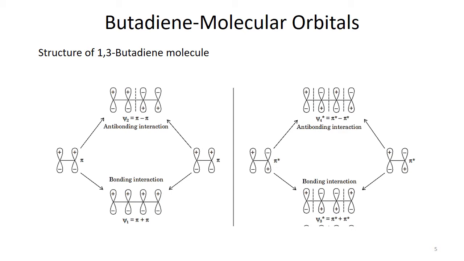In the subtraction, there are going to be 3 nodes. So from psi 1 to psi 4 we get 0, 1, 2 and 3 nodes. This is how the butadiene molecular orbitals should be, with nodes and without nodes.